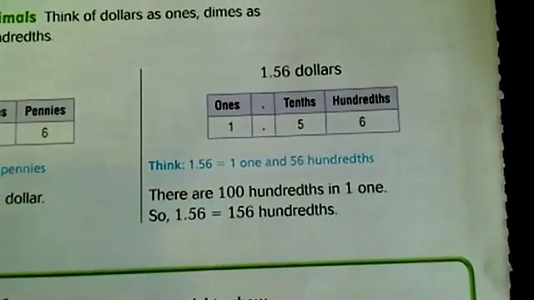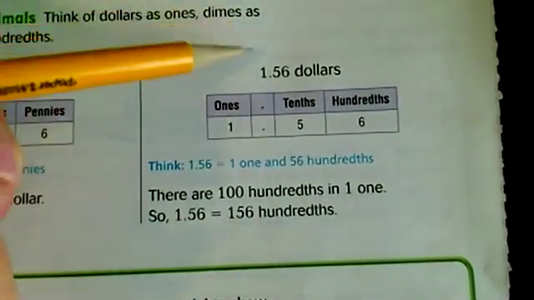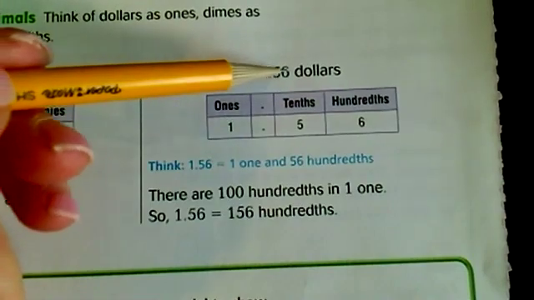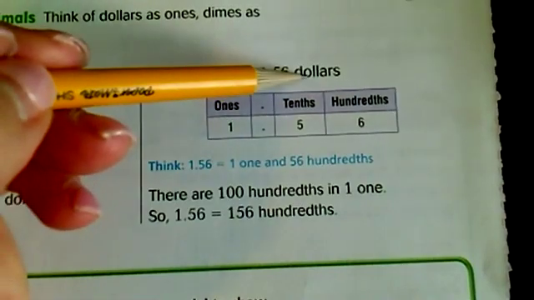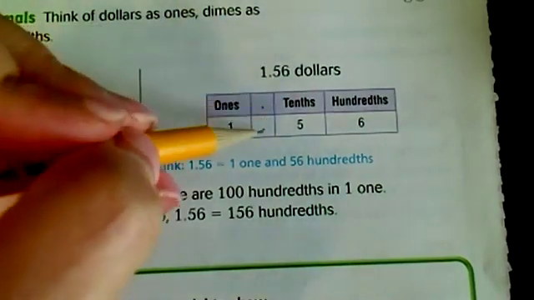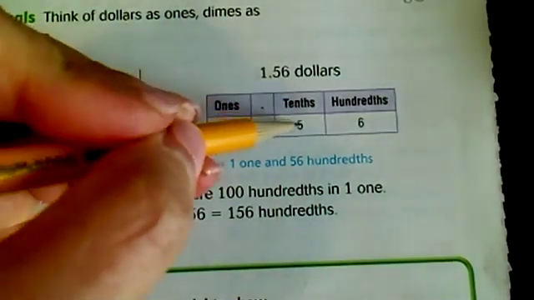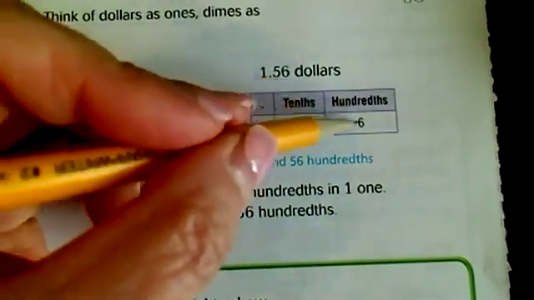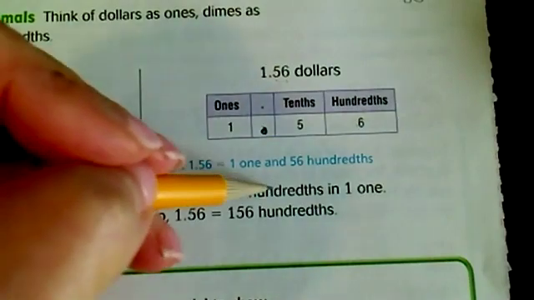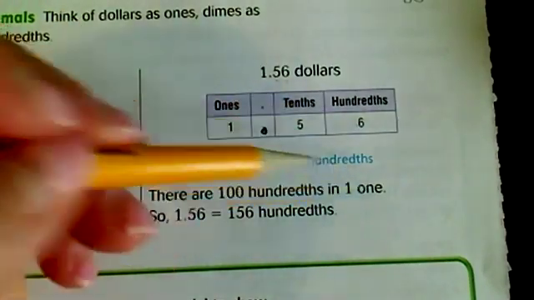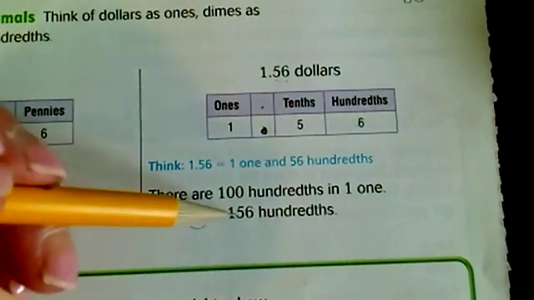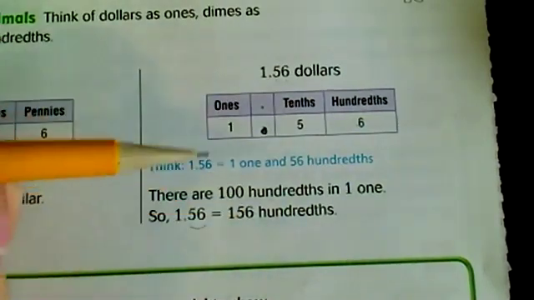And if we are looking at a place value chart, it says 1 56/100ths of a dollar looks like 1 in the ones place, our decimal point, 5 in the tenths place, and a 6 in the hundredths place. There are 100 hundredths in 1. So in 1 56/100ths, there are 156 hundredths.